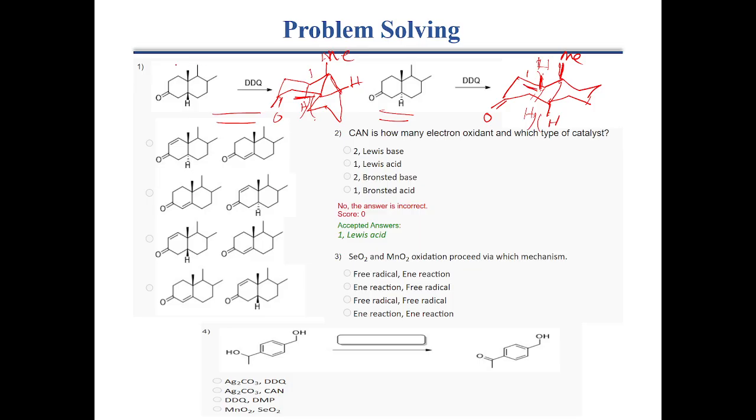If we write the mechanism, what happens? These two hydrogens give their hydride to DDQ.